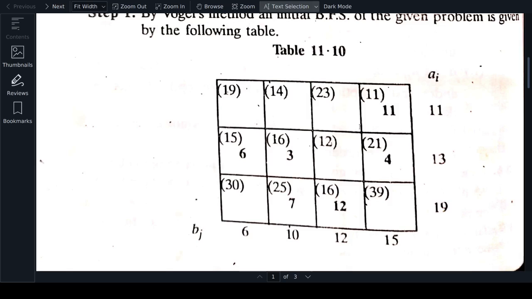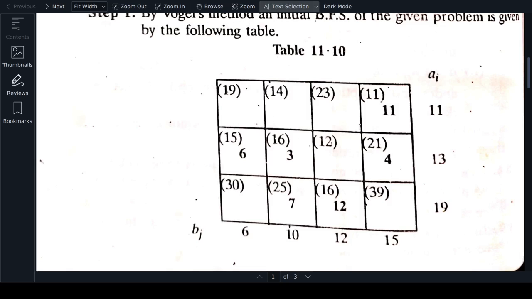Suppose C11, what is the value? 19, yes, good. C means cost, first row, first column. So C11 is 19, C12 is 14, C13 is 23, like this. C means cost of the cell.